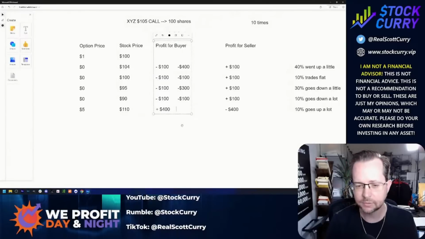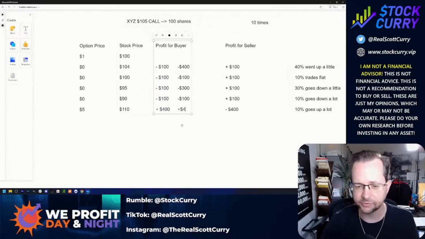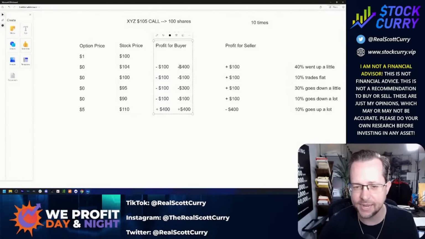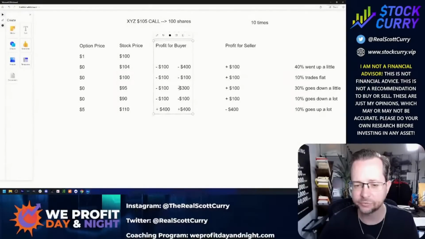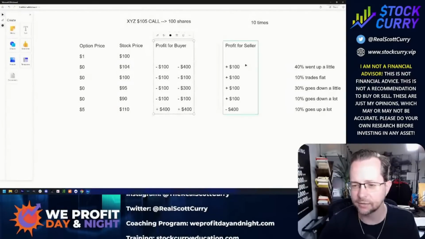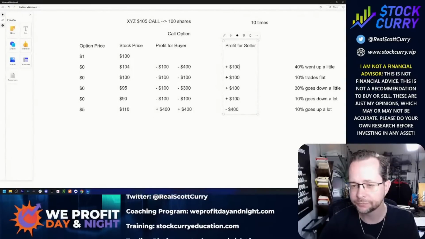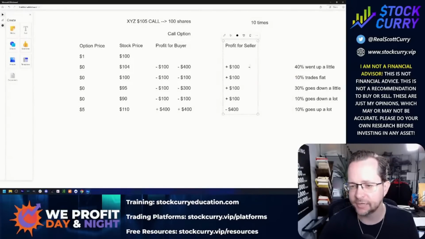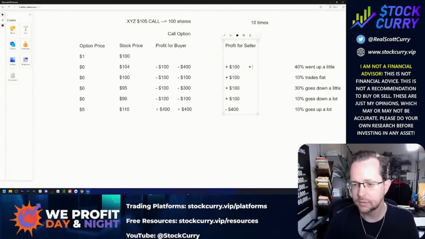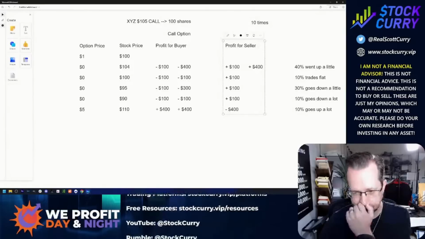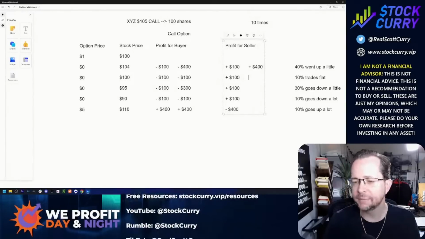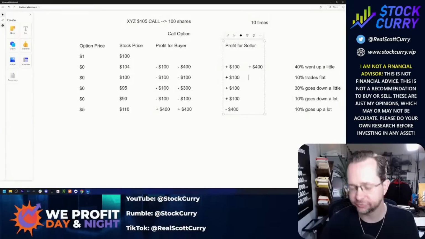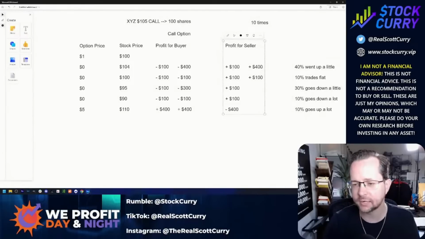All right. Now, watch this. You guys ready? Let's go look at the seller, and then we're going to total all this. Okay. So 4 times out of 10, this is going to occur, $400. 1 time out of 10, 10%, this occurs 1 time, $100.